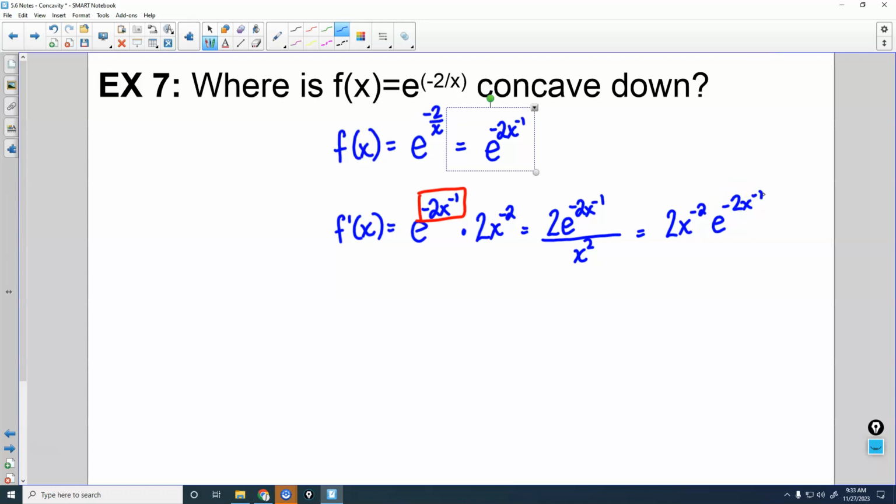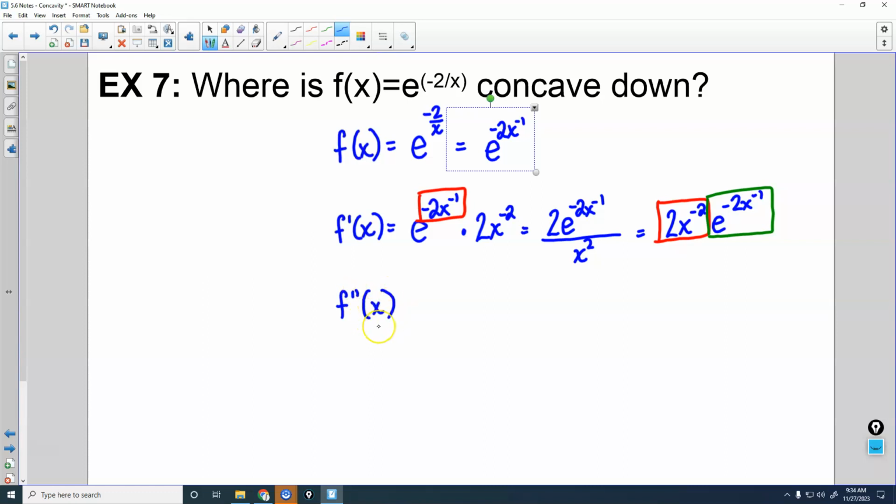Let's take a vote. How many of you like quotient rule better? How many of you would rather do product rule over here? Okay, product rule. Both will give you the same answer.